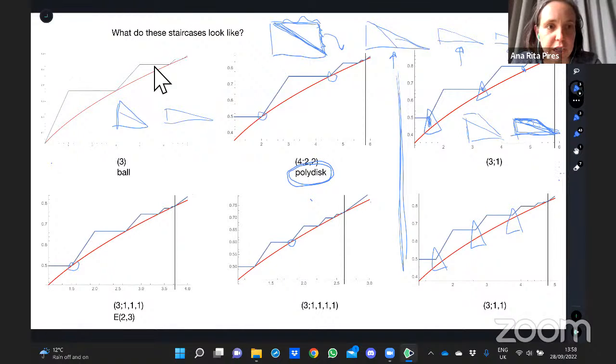So we started finding these staircases, and we had no idea what sequences were going to replace the Fibonacci sequence or the odd index Fibonacci numbers for these other cases. We had a program that computed an approximation of this function, and it took a long time.